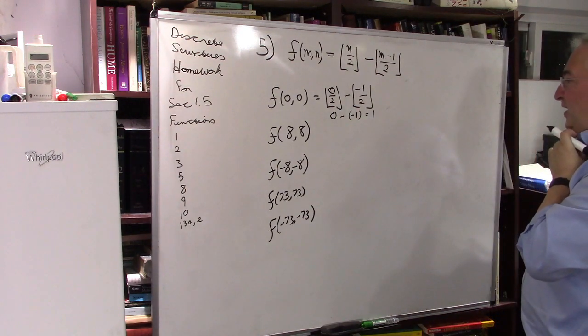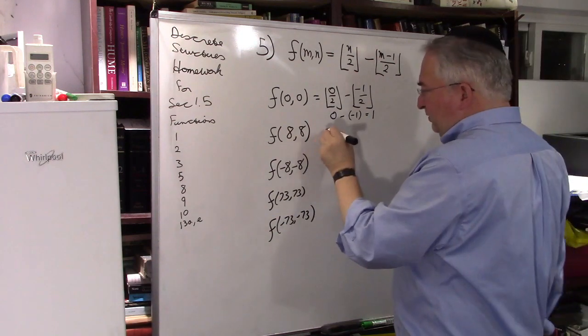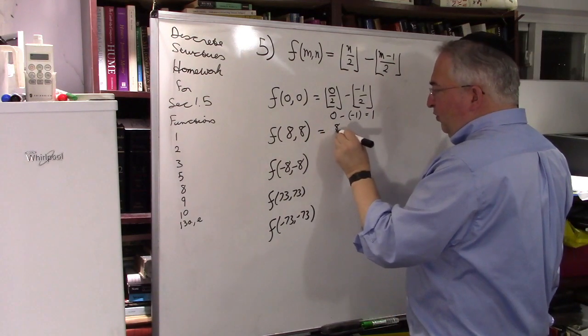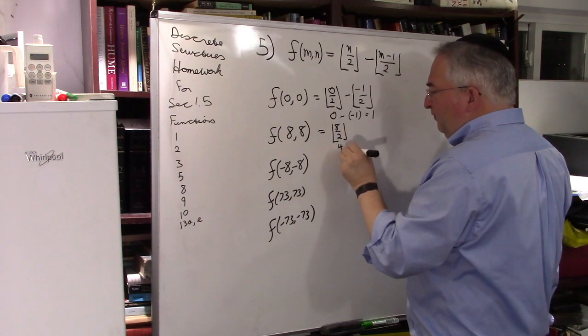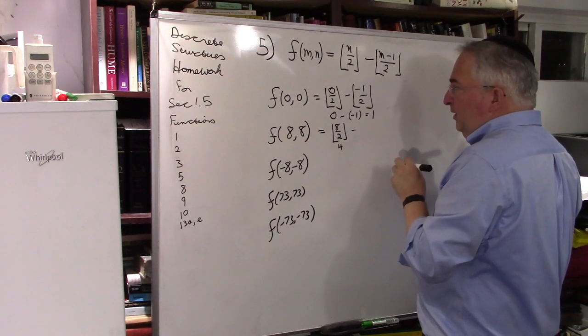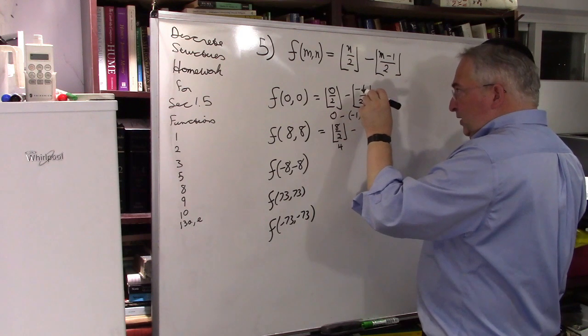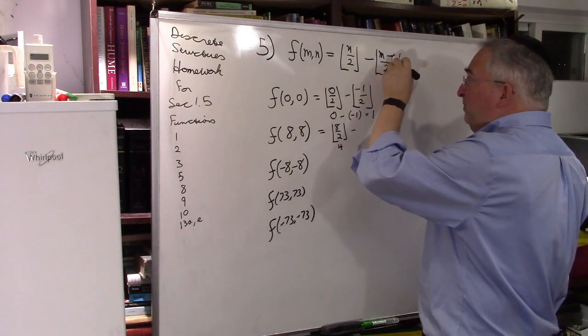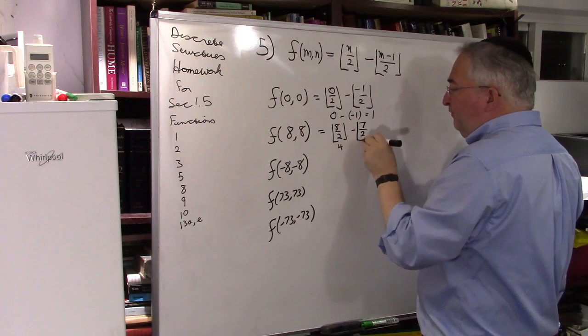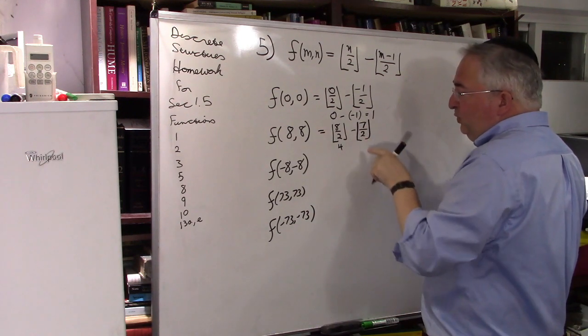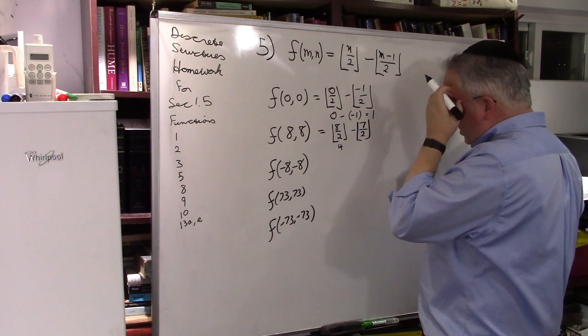Let's do 8. This is going to be floor of 8 over 2, so that's 4, minus floor of 7 over 2, since 8 minus 1 is 7. 7 over 2 is 3.5.